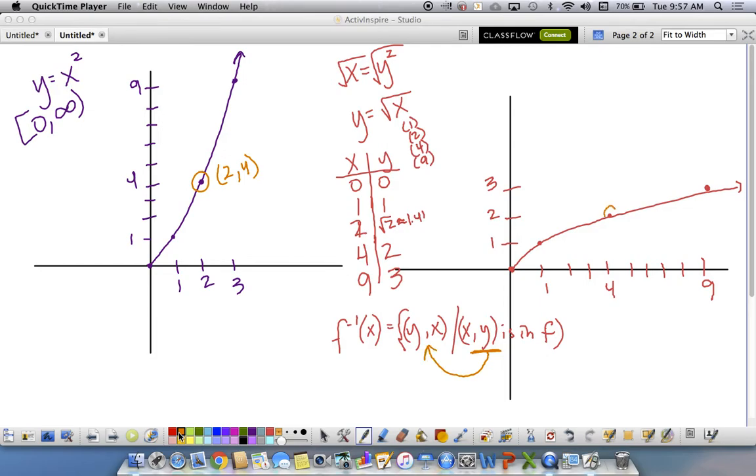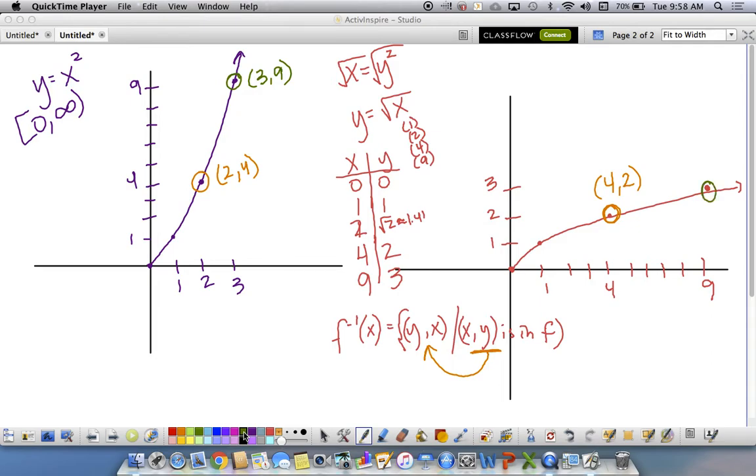Do you see this point right here? Maybe that's not too much the same color. What point is that? That is 4, 2. Do you see my x's and my y's have simply switched places? Does that work for all of them? Of course it does. What is this point right here? I'm over at 3, up at 9. 3, 9.